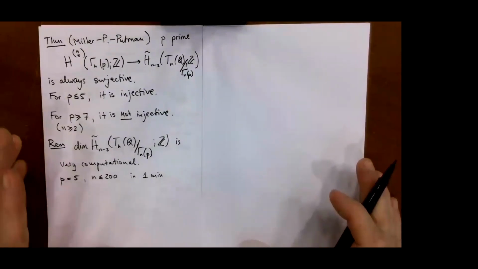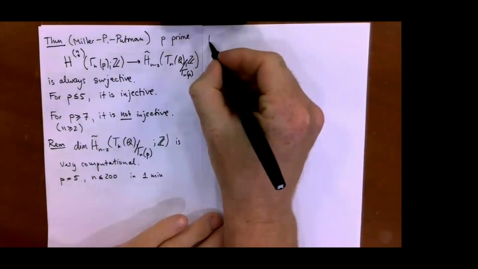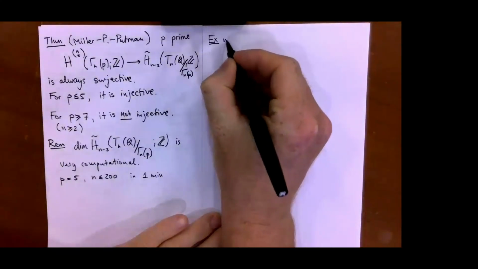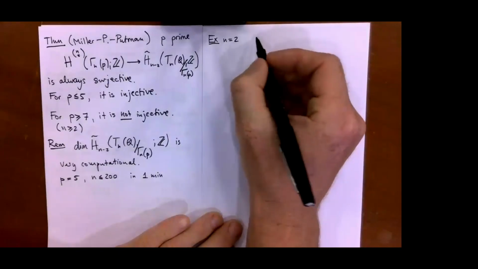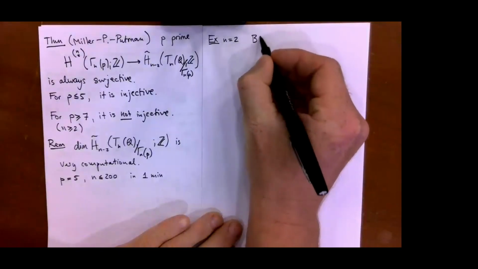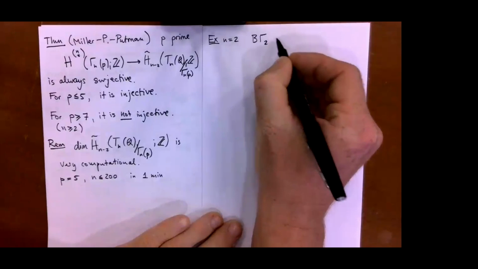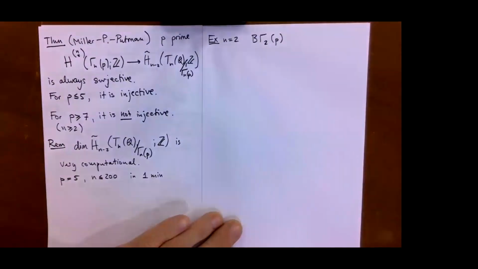Okay, let me give you a little bit of an idea of what's happening by looking at n equals 2. This is quite interesting, and maybe something that is good to know in general. What happens there for congruence subgroups or any subgroups of SL2Z?